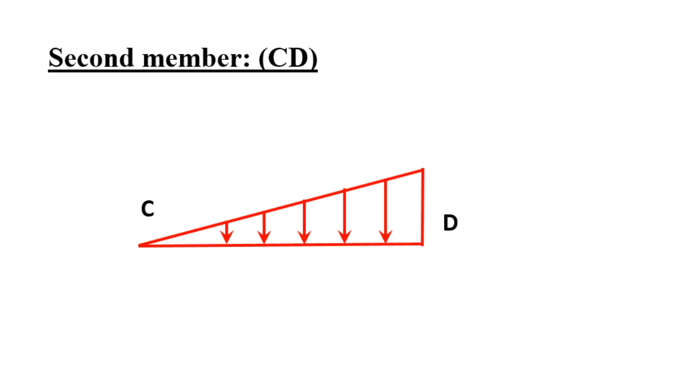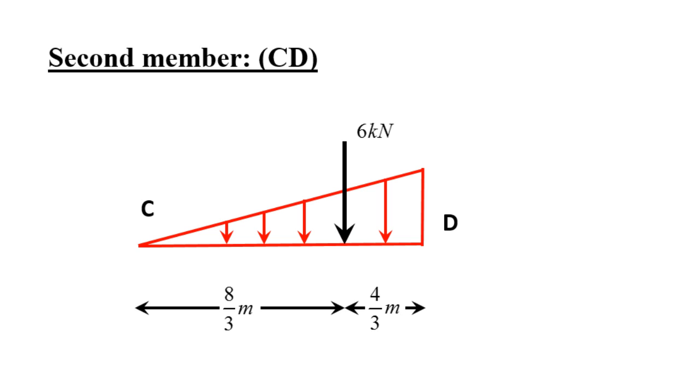This is member CD. We have this triangular distributed load. If I concentrate the load, again 6 kilonewtons as before, it's acting at 2/3 from the left or 1/3 from the right, and if I multiply L by 2/3 or 1/3, I get the values as shown.